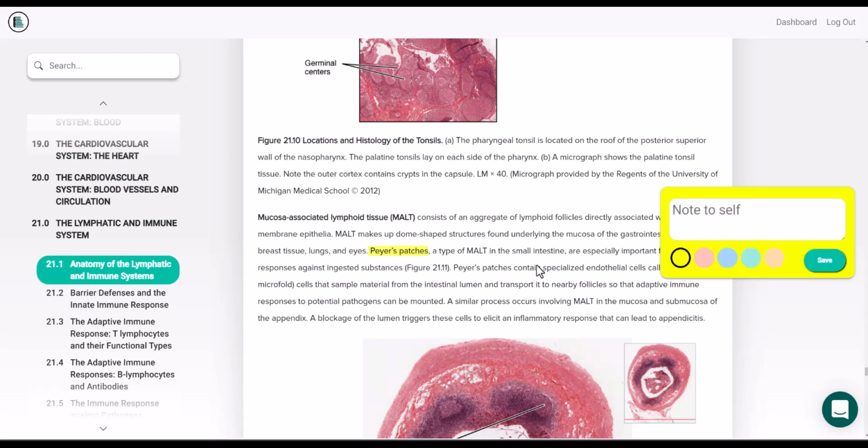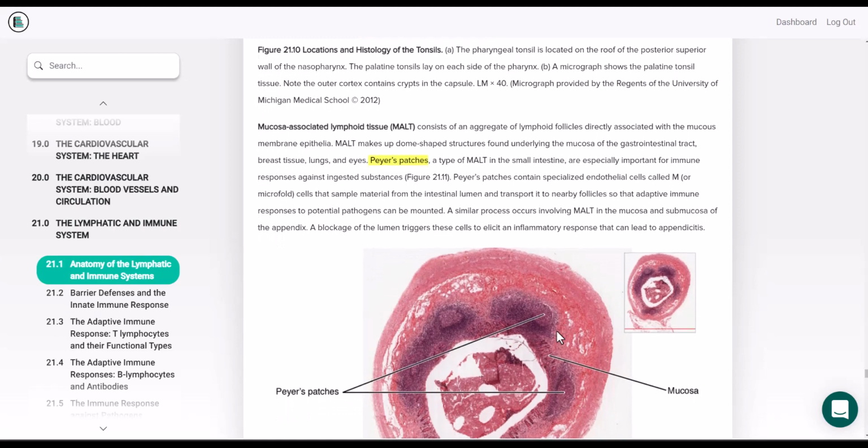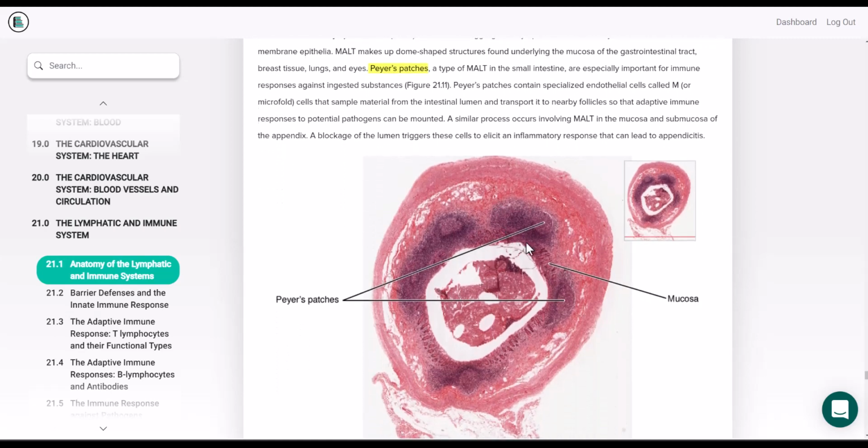And basically, as you consume food, doesn't it make sense that along your intestines there would be immune cells waiting to detect and destroy bacteria and other things that could be harmful to you. So it makes good sense that we have a lot of lymphatic activity along the intestine. Here is actually the lumen of the small intestine, and right along the edge, you can see these Peyer's Patches, these patches of lymphatic tissue.